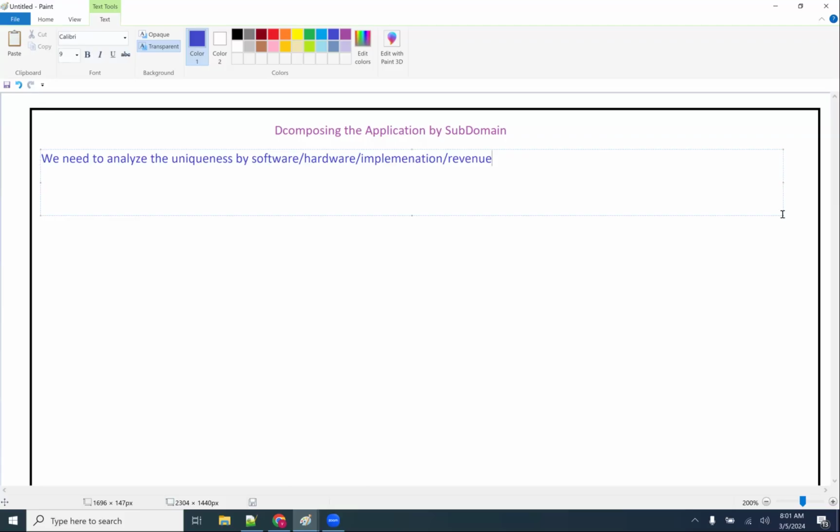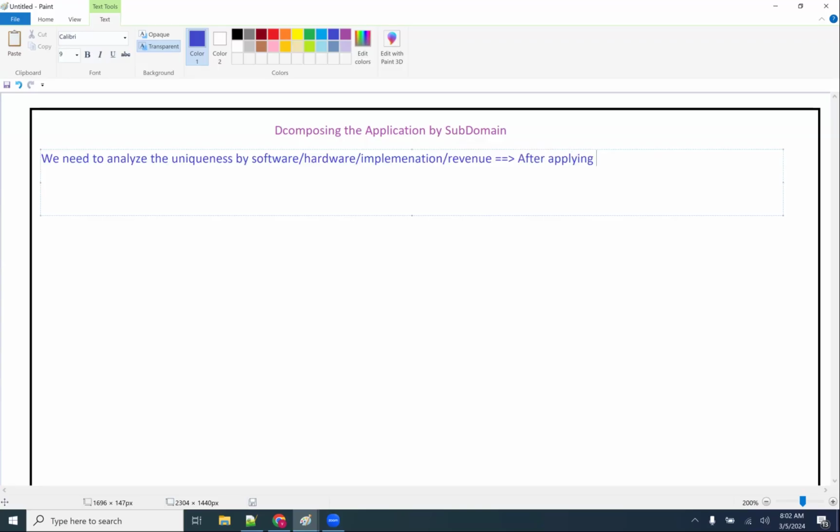When we are analyzing from a subdomain point of view, we need to think of software, hardware, implementation, and revenue. Sir, what is this, sir? These are the important points for determining uniqueness. What is the meaning of uniqueness?